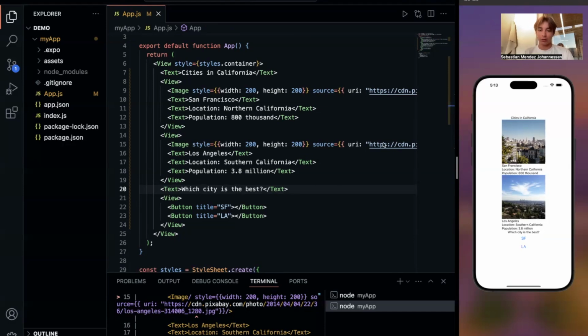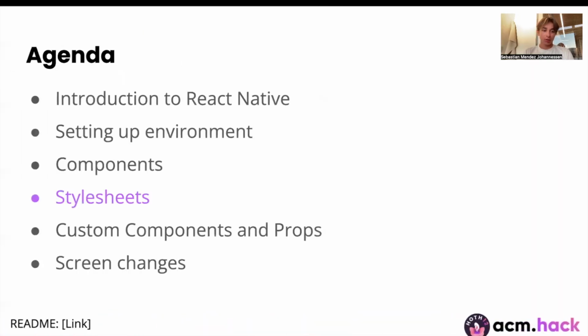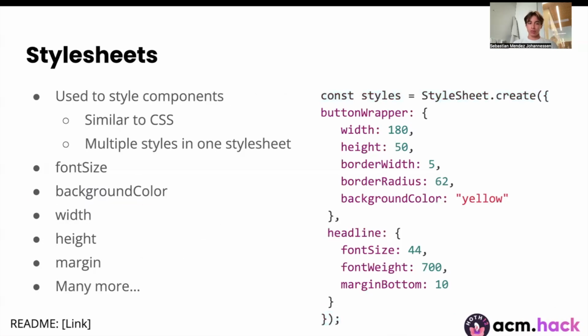Which brings me on to the next part of this workshop, which are style sheets. Style sheets are used to style our components in React Native. As you can see on the right here, it looks very similar to CSS. Also, you can have multiple styles in each style sheet. In blue here, you can see how we declare a style sheet, while in yellow, you can see that we have multiple styles.